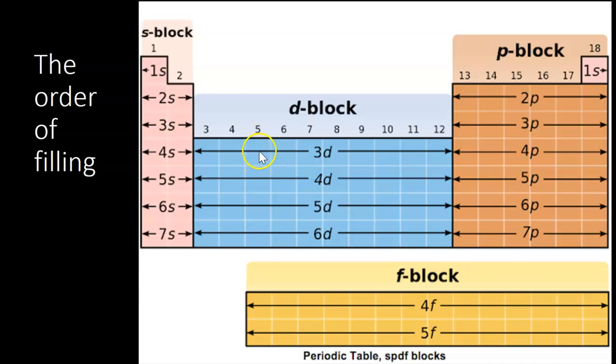You should be able to figure this out based on its position. Because it's in the d block, you know that the last electron is going to be a d electron, and because it's in the third box over, it's going to be a 3d electron. And everything up until that 3d is going to be completely filled.